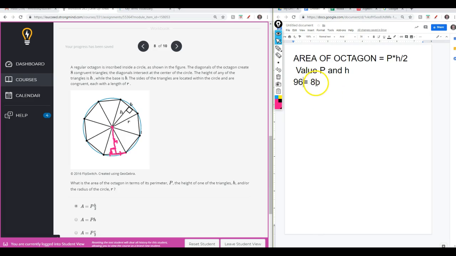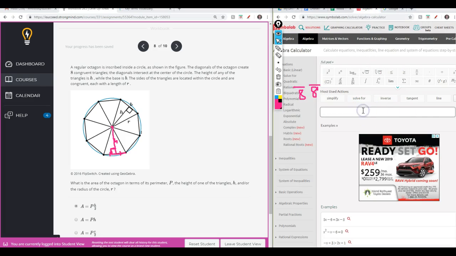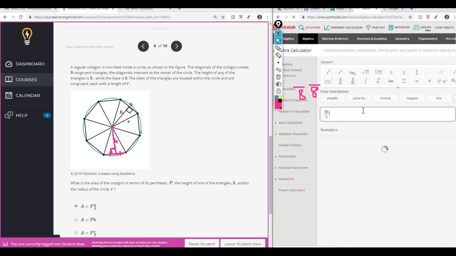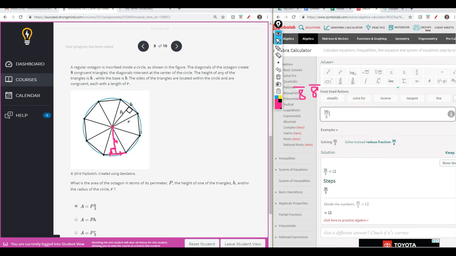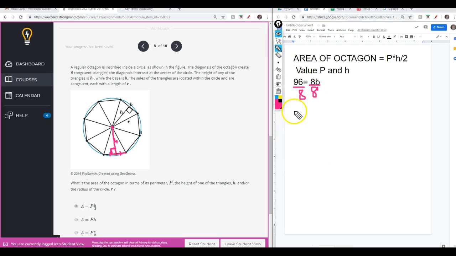To solve for b, since it's being multiplied by 8, we divide by 8 and divide by 8. 96 divided by 8 comes out to be 12, and 8 divided by 8 is 1. So we have 12 equals 1b. More typically, it is just written as 12 equals b. That 1 is implied.